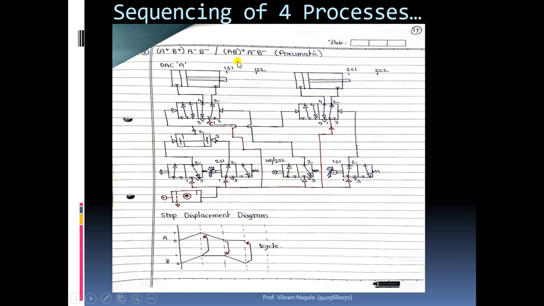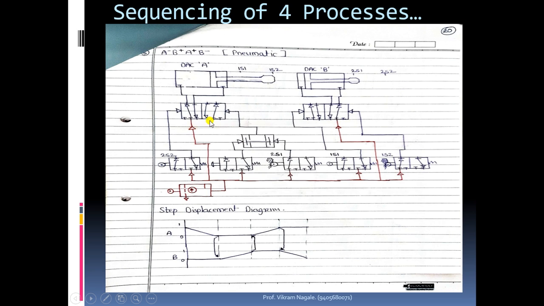Okay, so one can represent this sequence like this also, that is A B in brackets plus, and then A minus and then B minus. It is mentioned that it's a pneumatic system. So what is done to get these two processes together is this output.